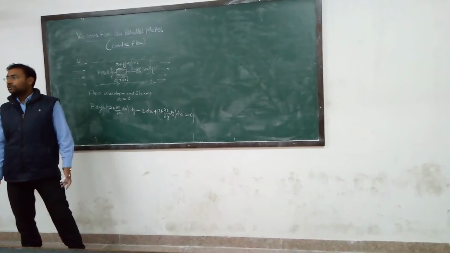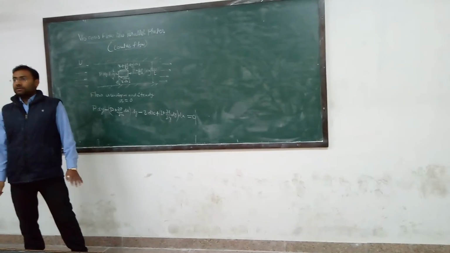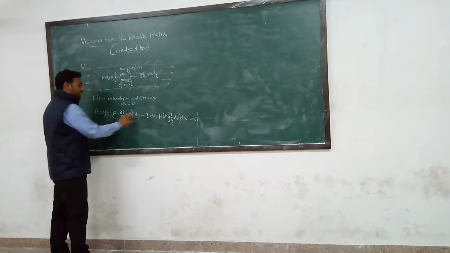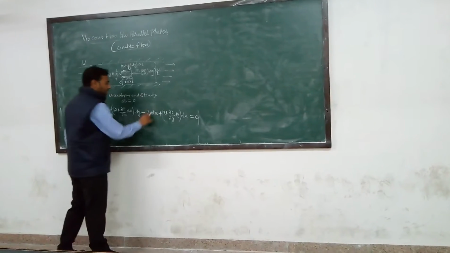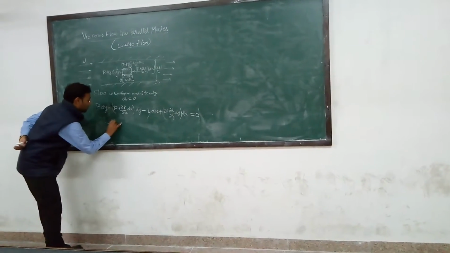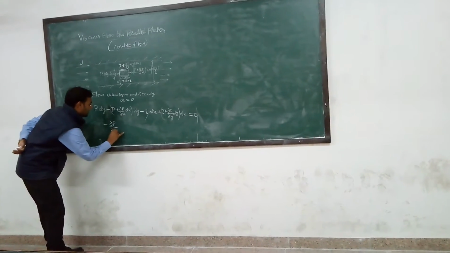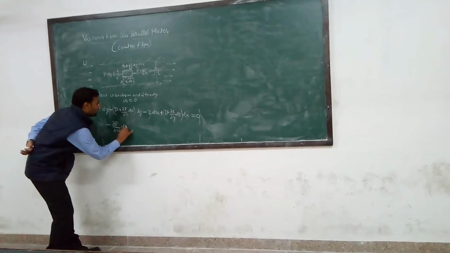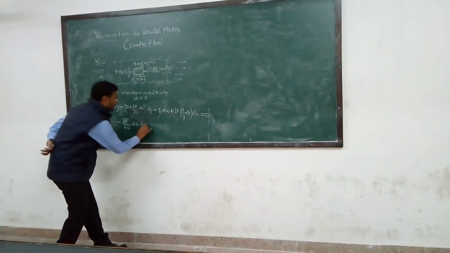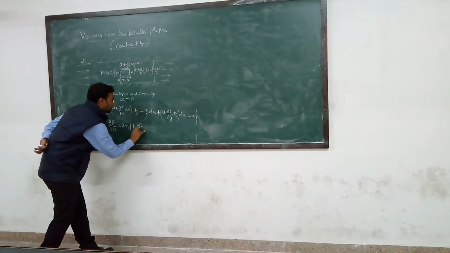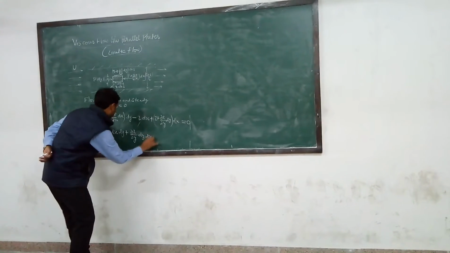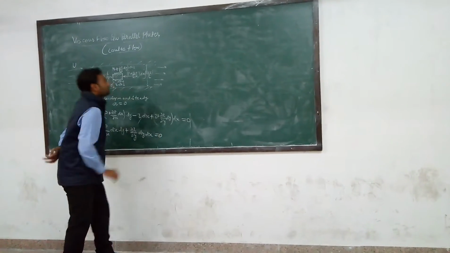This is the net force. Okay? Clear? Now P dy and P dy get cancelled out. Tau dx and tau dx get cancelled out. Now the remaining equation is minus del P by del x into dx into dy plus del tau by del y dy into dx is equal to 0.